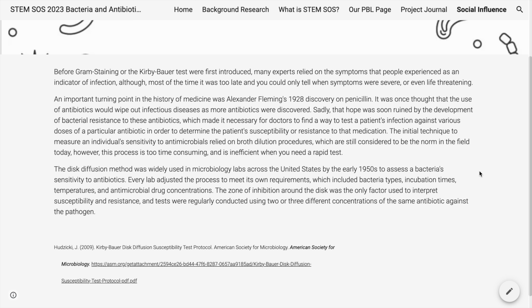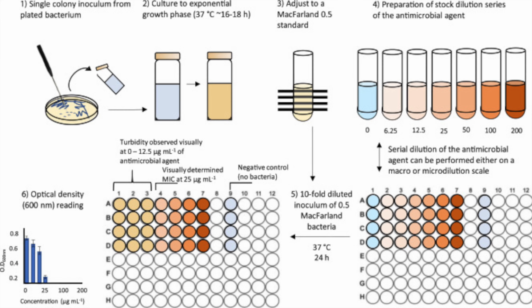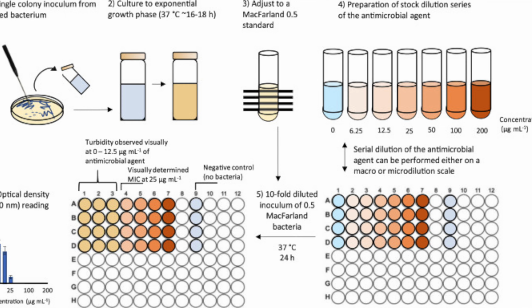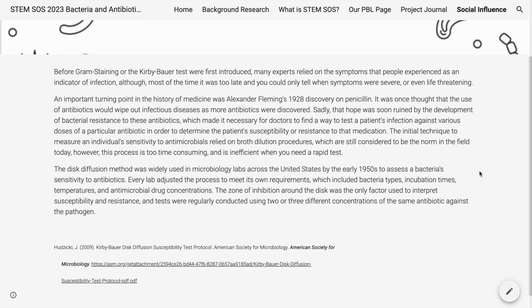The initial technique to measure an individual's sensitivity to antimicrobials relied on broth dilution procedures, which are still considered to be the norm in the field today. However, this process is too time-consuming and is inefficient when you need a rapid test. The disc diffusion method was widely used in microbiology labs across the United States by the early 1950s to assess a bacteria's sensitivity to antibiotics.